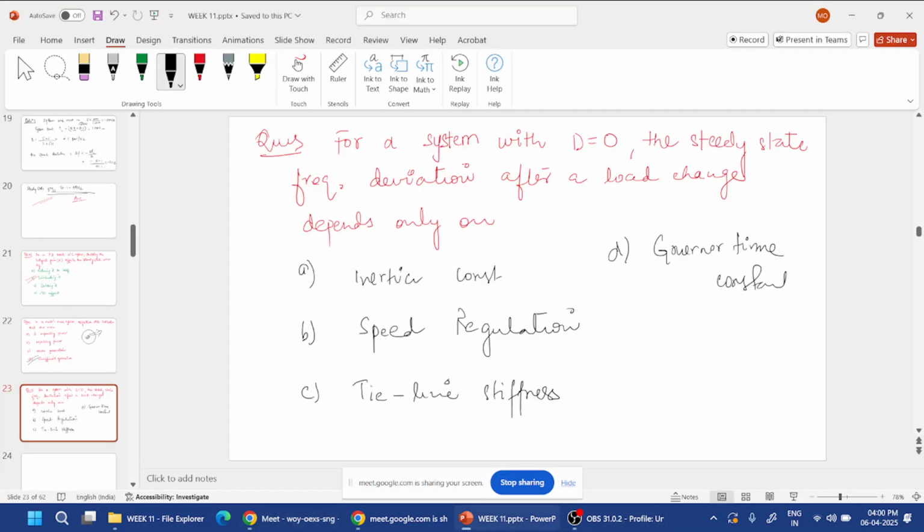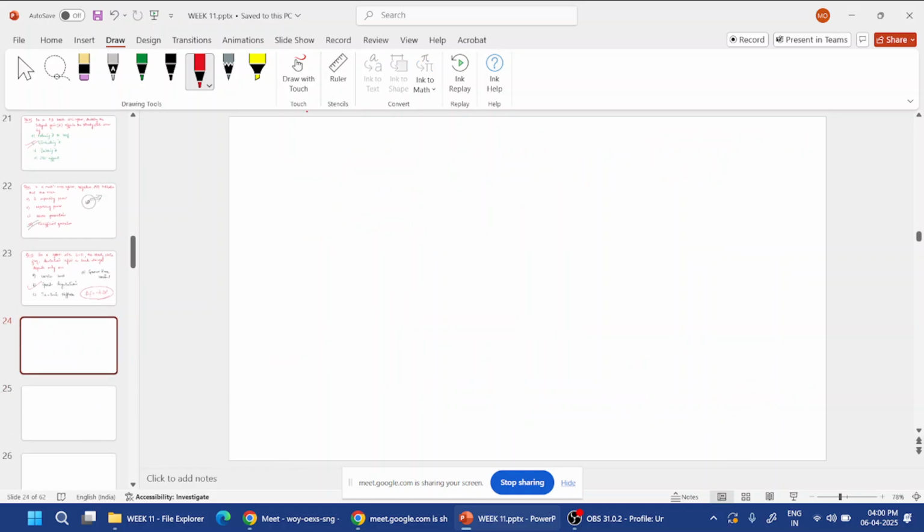So for a system with D equal to 0, the steady state frequency deviation of a load depends only upon the speed regulation. Okay. Del F is equal to minus R del P. Now let's move on to another question.